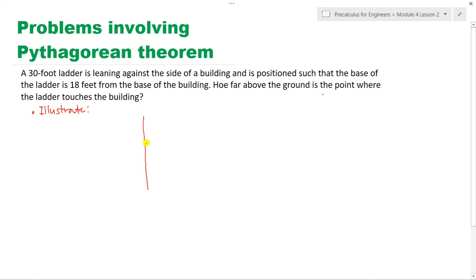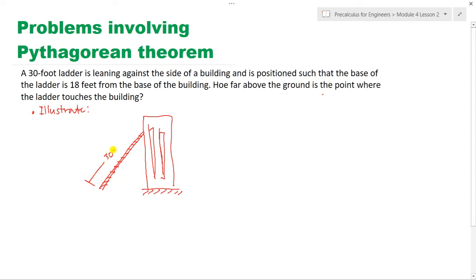Let's say this is my building. It's exaggerated just so you can visualize it. Let's say this is a ladder. Okay, we have a ladder there. And it is a 30-foot ladder, meaning this is the length of our ladder.